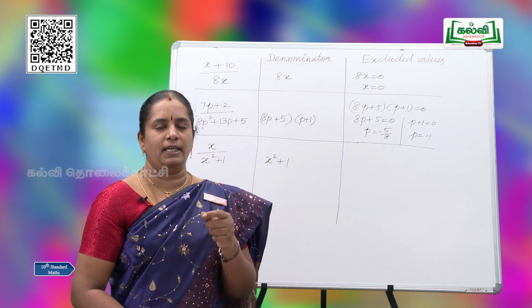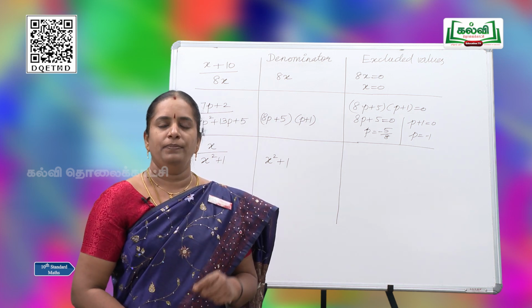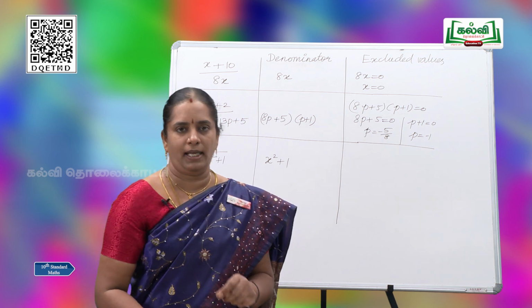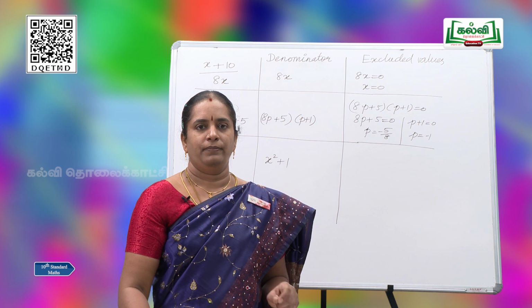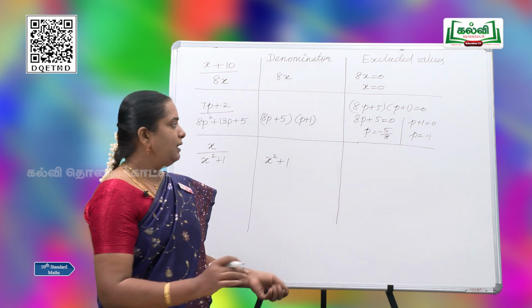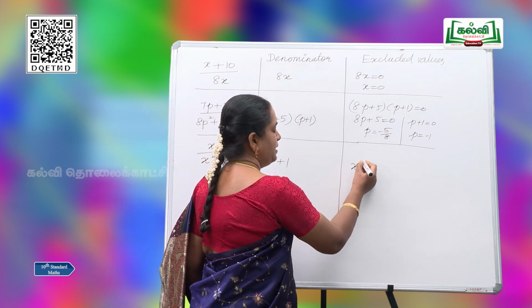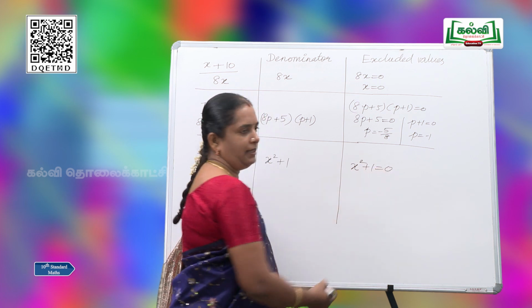Any binomial which is of the form x square plus a, where a is positive, is not factorizable. So, this is not factorizable, and we can equate this denominator to 0 directly.